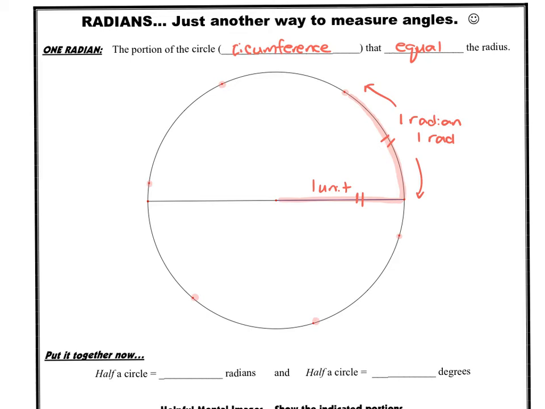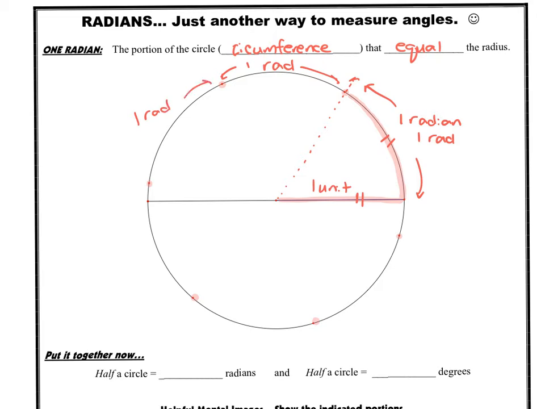Now, what you want to start to kind of think about is that if we had measured out an angle that was to here, about how big would that angle look like? And we can start to get a feel for that angle, and that's important for us, and we can think of 1 radian is somewhere about 60 degrees, okay? Now, if we keep measuring these out, these other dots represent additional radians, so this is also 1 radian, or 1 rad, okay, here to here, and then this would be another one.